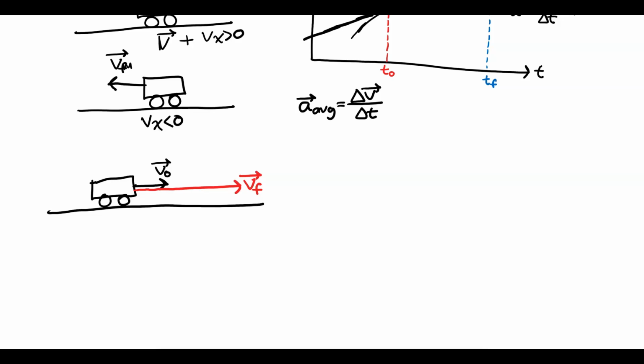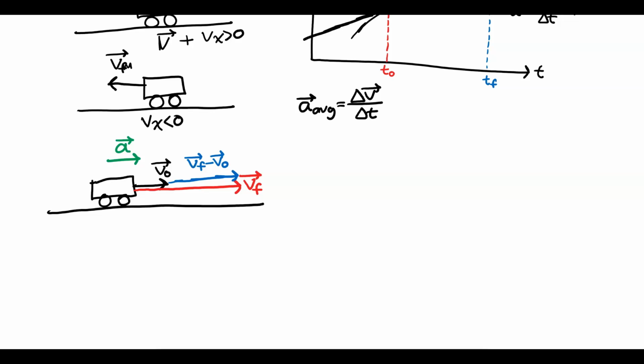So the difference vf minus v0 will be pointing to the right. And because we're dividing by a scalar, the acceleration has to be to the right, because time is always positive, so it preserves direction.